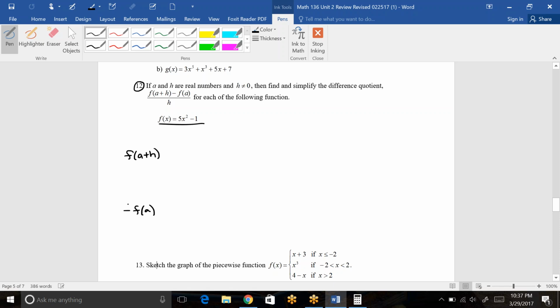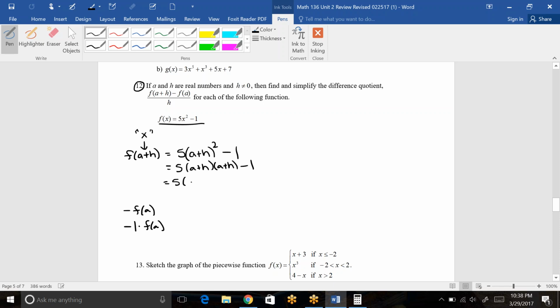And then I do negative f of a, which remember means -1 times f of a. So if I do this function with an a plus h going in for my letter x, this would be 5 parentheses a plus h squared and then -1. It's just like when we did composition, it's just a substitution. You need to then FOIL out that. You can't just square it because it's got a plus sign.